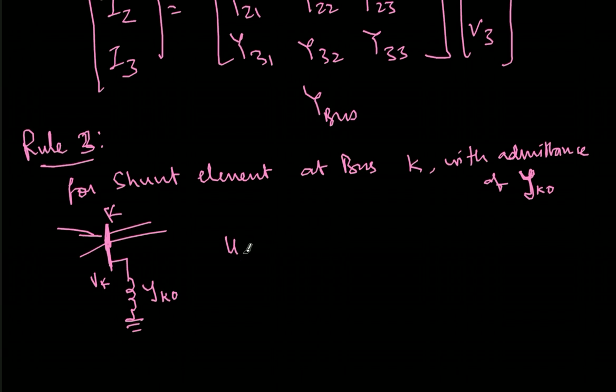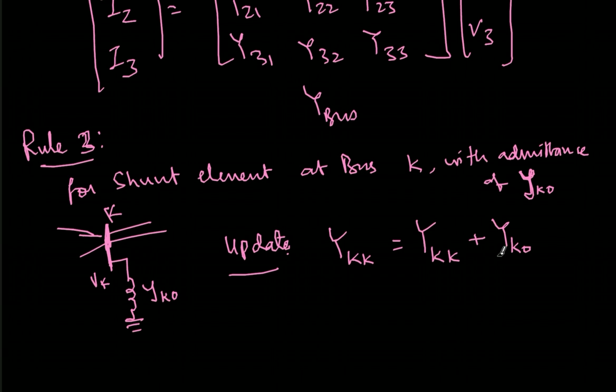So update YKK. Basically YKK is nothing but the earlier YKK, and then you will also have to add this element here, plus YK0.